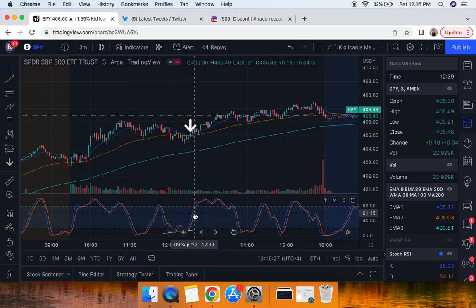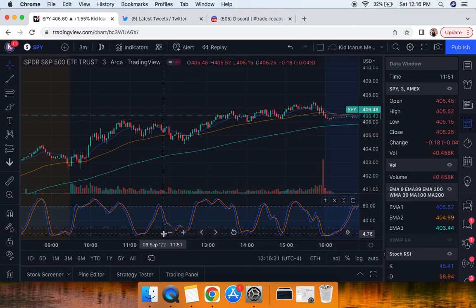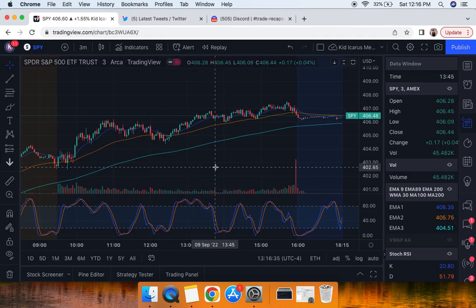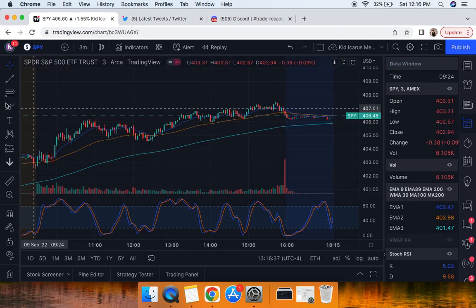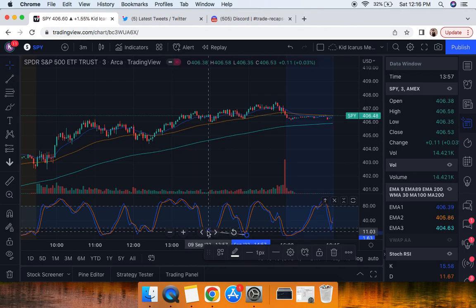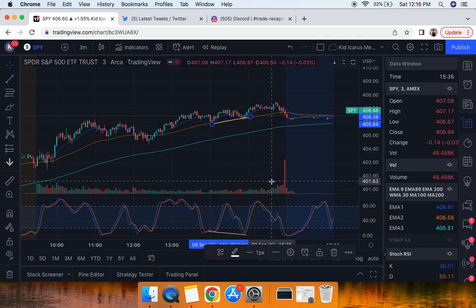Get it? Alright. Now let's take another look here and see another little move. So let's say we're still looking for calls. Well, here's a divergence on the lows. Guess what?